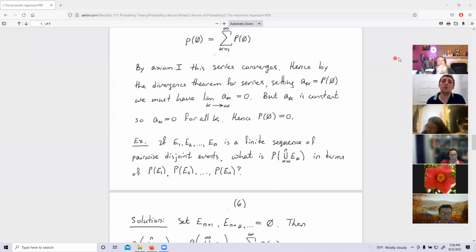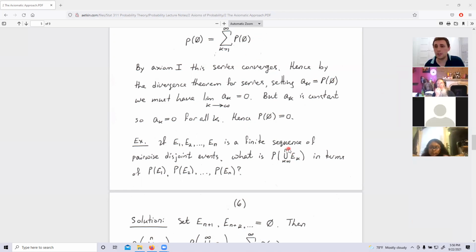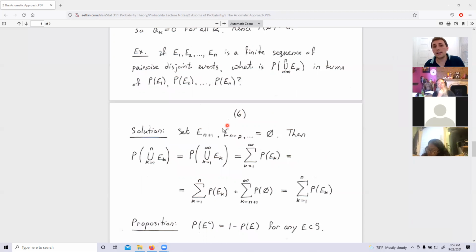But what do I do if I have finitely many events that are mutually disjoint? I cannot right away apply axiom 3. So what do I do? Well, I can supplement that with more mutually disjoint sets, which are all the empty sets.